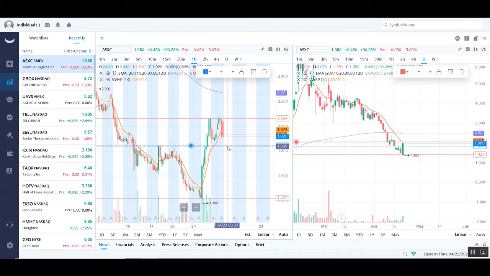So in order to make use of how Google Sheet will help you, we're gonna look at the level that you want to be alerted. The high of this resistance level is at 1.850.